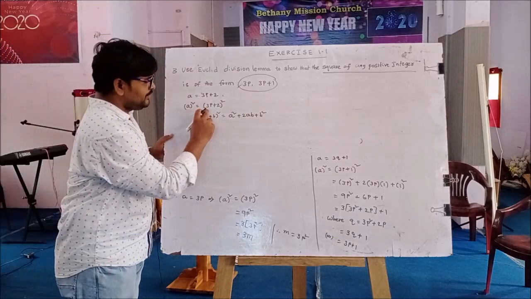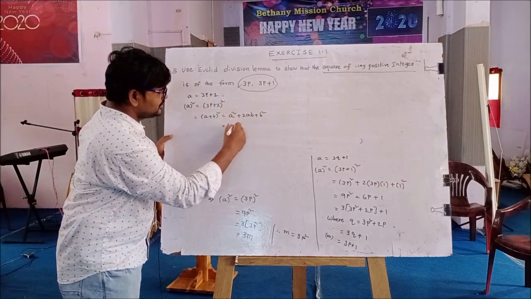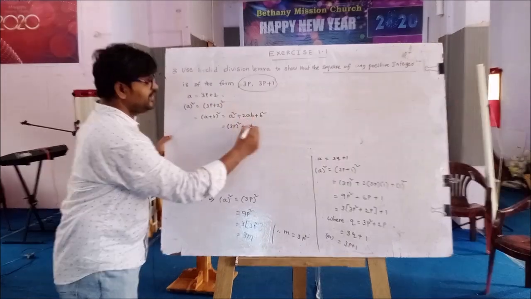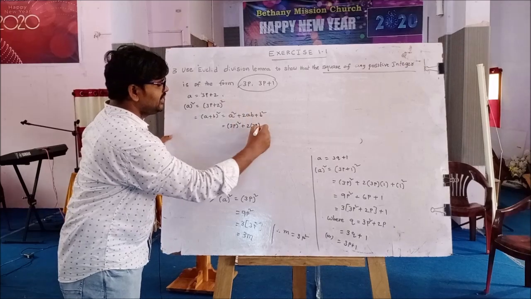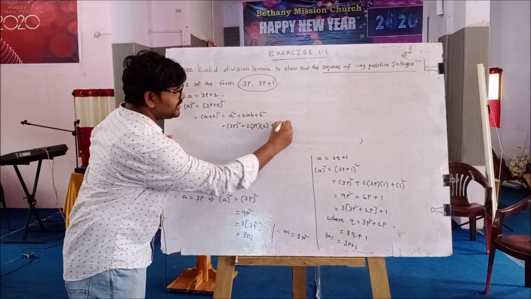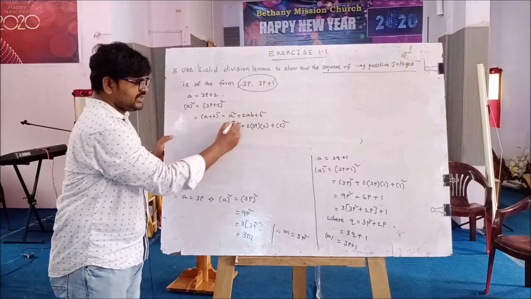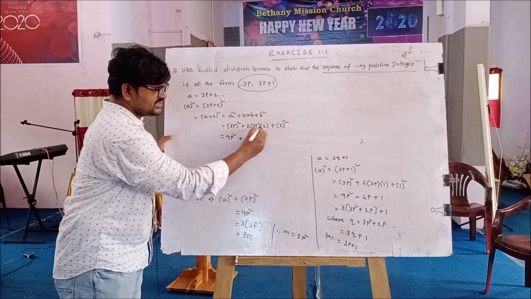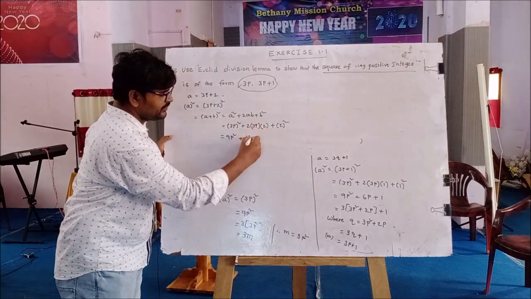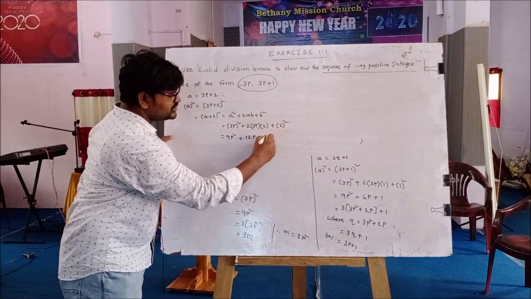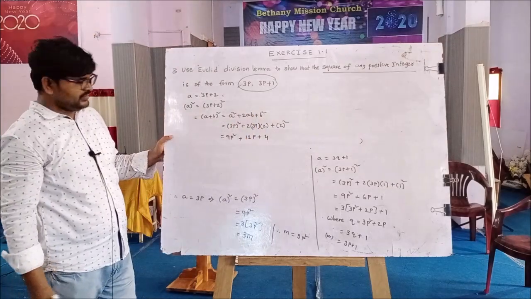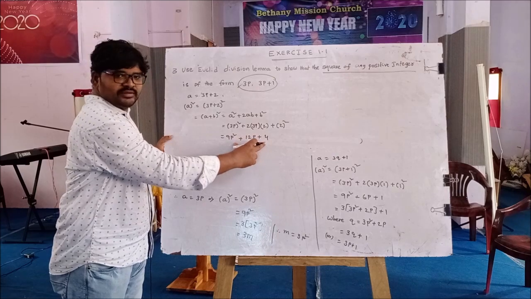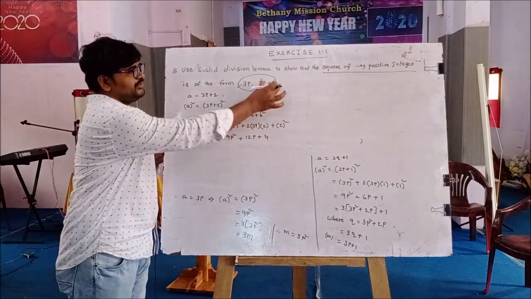Here a equals 3p, so a square equals 3p square plus 2 into 3p into 2, plus 2 square. 3p square is 9p square, plus 2 into 3 is 6, 6 into 2 is 12, 12p, plus 2 square, 4. So 9p square plus 12p plus 4. This expression is converted into the form 3p plus 1.